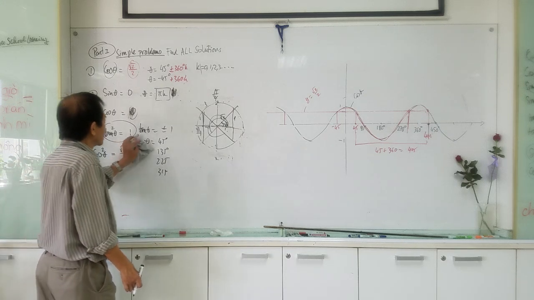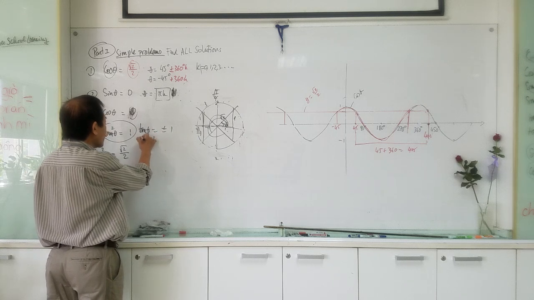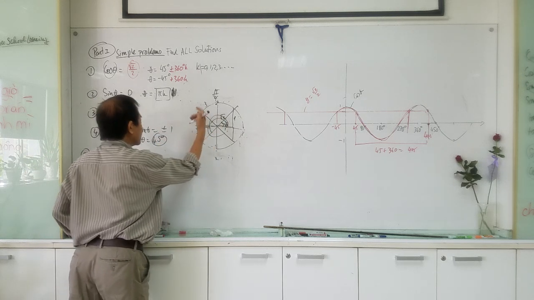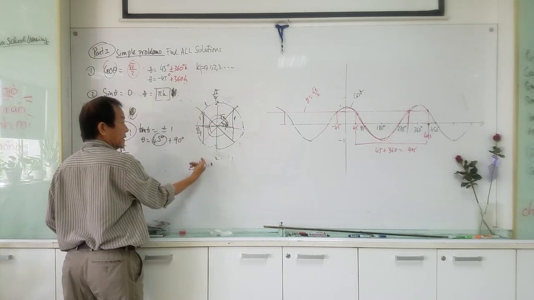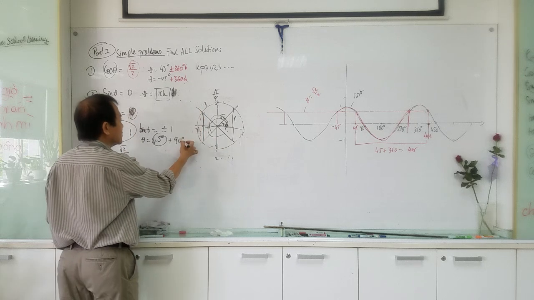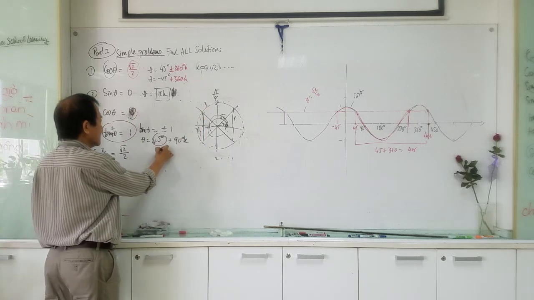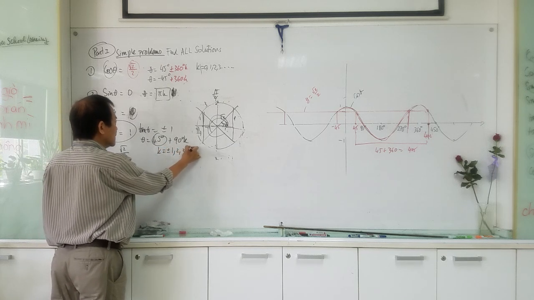So I use degrees, okay? Now you start with only one piece: theta equals 45 degrees. Then you add 90 and you get another one, add 90 degrees, and you add 90 more, you get another one, and 90 more, another one. So k equals plus minus 0, 1, 2, 3, 4.